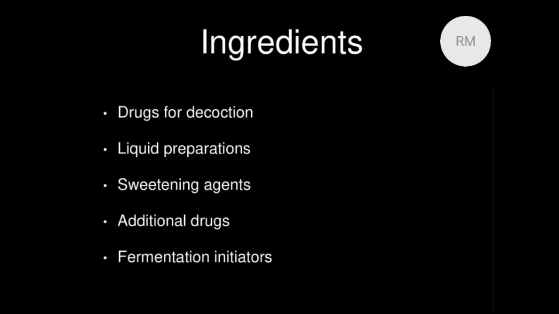And then we have sweetening agents, and these sweetening agents are very crucial for generation of the alcohol. The sweetening agents are sometimes jaggery. In our previous webinar, we talked about jaggery, and some of you couldn't understand what it is, in spite of my showing a picture. So I was suggesting that you should check what is actually the meaning of jaggery, and maybe get a better understanding of what it is.